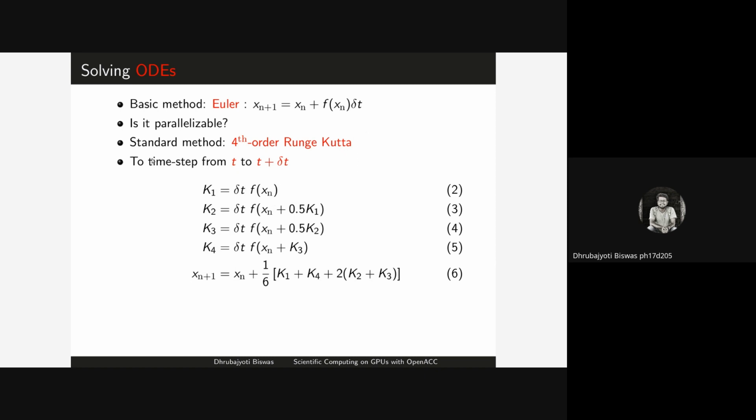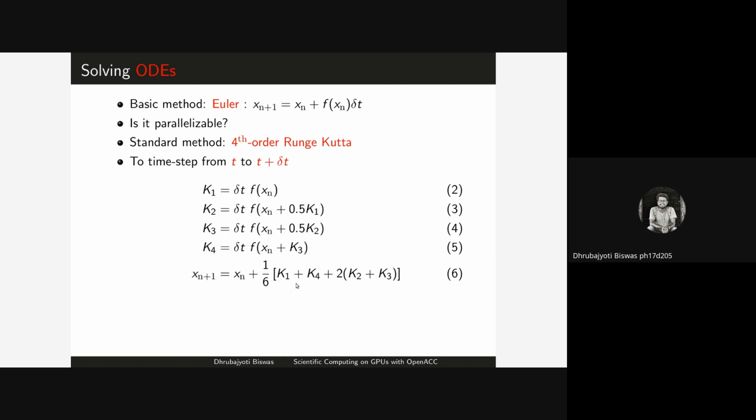So in the fourth order Runge-Kutta method also, you cannot parallelize the time direction because you need xn to go to xn plus 1. And within the method itself, you cannot parallelize the calculation of all the k values. You cannot parallelize between k1, k2, k3 and k4.